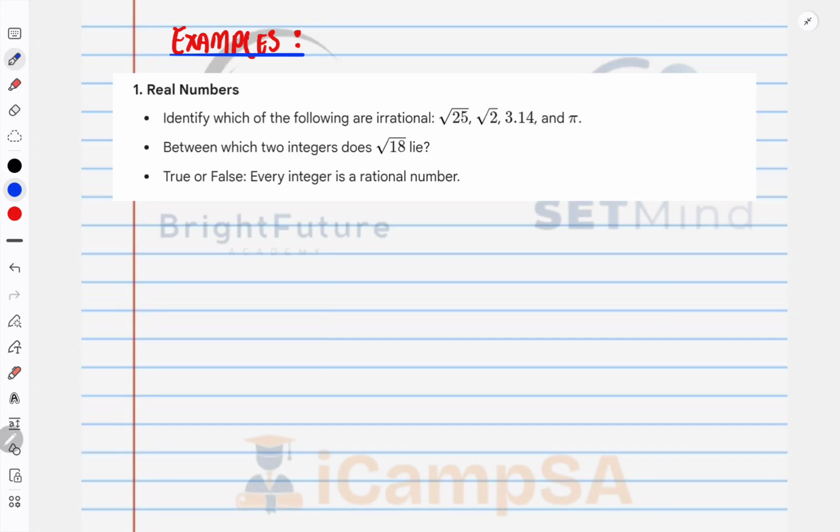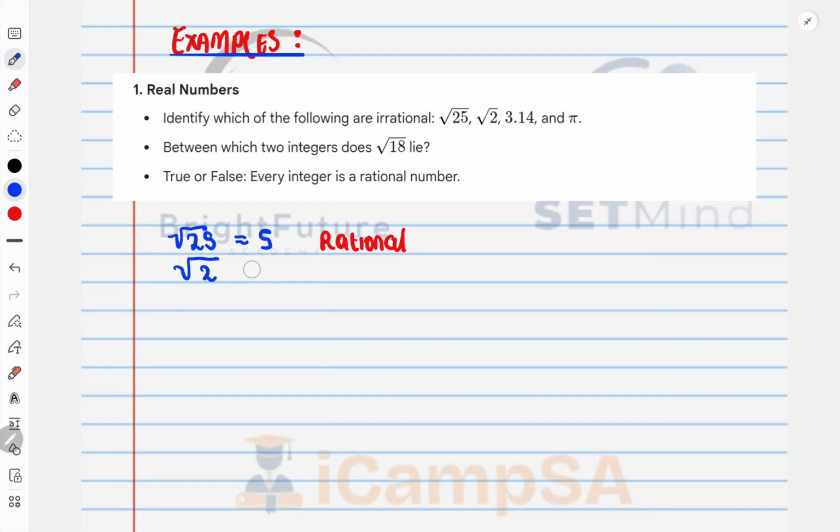For number 1, we are given the root of 25, which we know is equal to 5, and 5 can be written as 5 over 1. So this one is rational. And then we have the root of 2, and it cannot be written as a fraction.